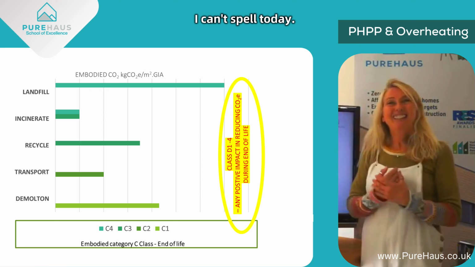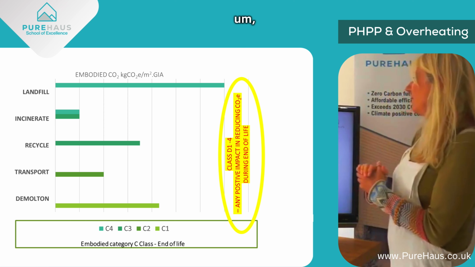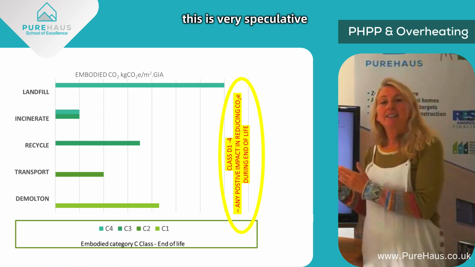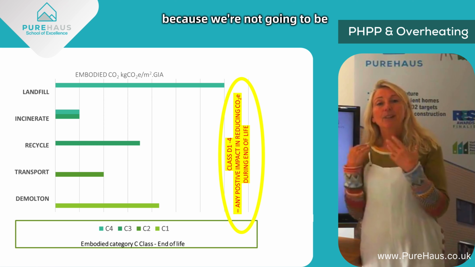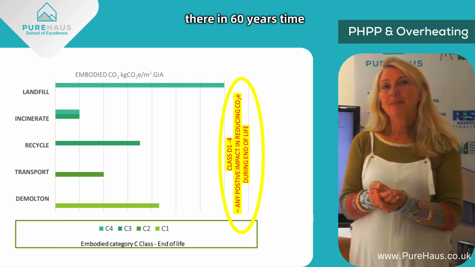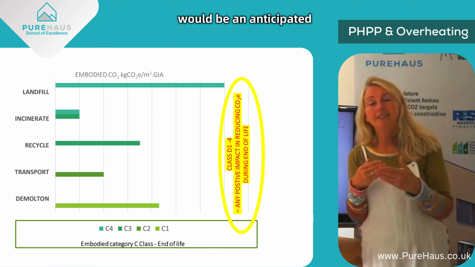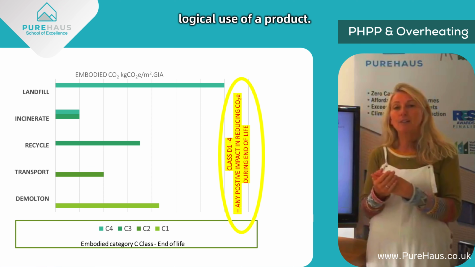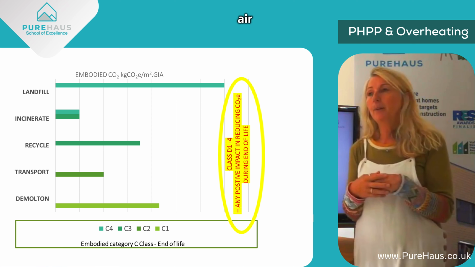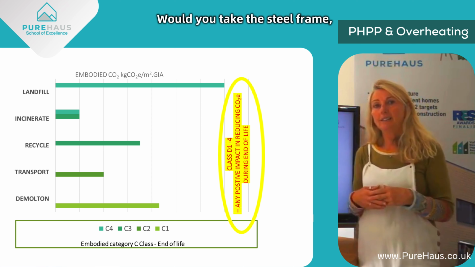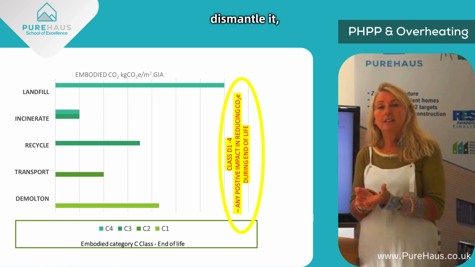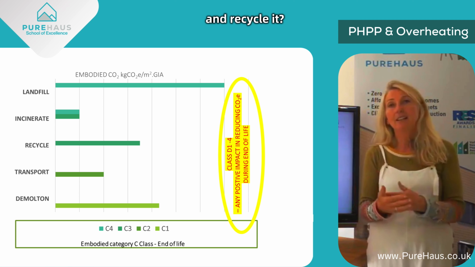I can't spell today. So this is very speculative because we're not going to be there in 60 years' time to actually determine what happens. All we can do is what would be an anticipated logical use of a product. So, for example, would you take the steel frame, dismantle it, and melt it down and recycle it?